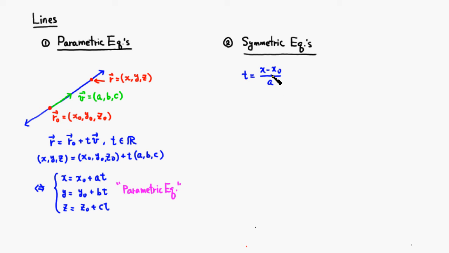Solving for t from the second equation, t is equal to y minus y0, then divide through by b. Solving for t from the third equation, you get z minus z0 over c. This is called the symmetric equation.